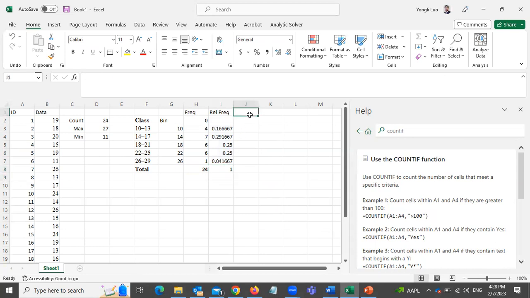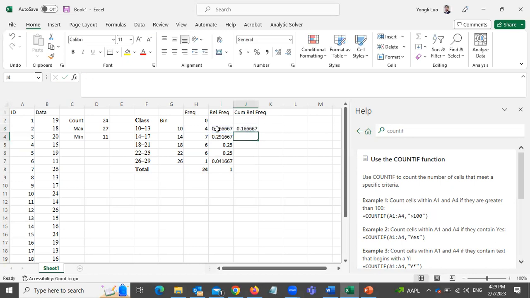Now, what is the cumulative relative frequency? Do you know how to get that? The first one is the same, because cumulative means you add all the way up.